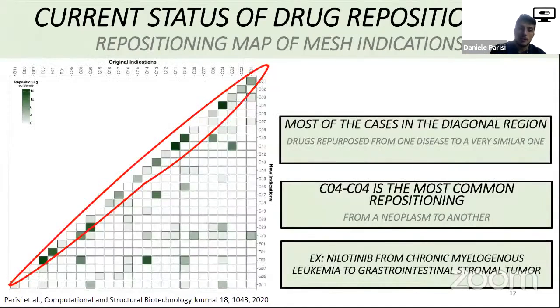What we saw in the beginning, as a first thing, is that looking at which kind of disease the drugs have been repositioned, we can see that on the main diagonal, most of the green squares are actually aligning.